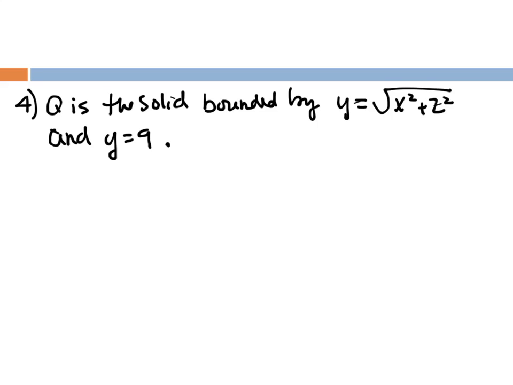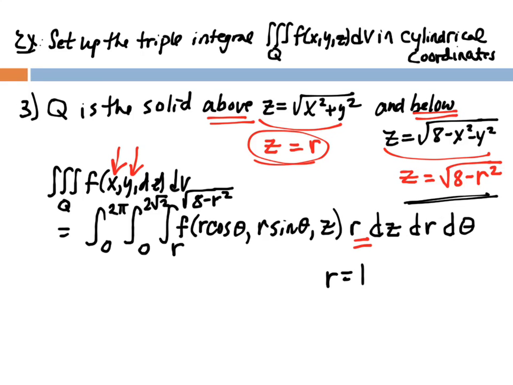I'm going to jot this down, but I'm going to flip back to the last example to show you something. I mentioned in the last problem that we get to choose which 2 variables we replace with r and theta. In that one, it was nice to replace x and y because we have x squared plus y squared, so we can let that be r squared. But there's nothing special about x and y doing that.